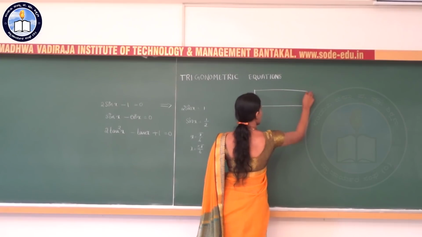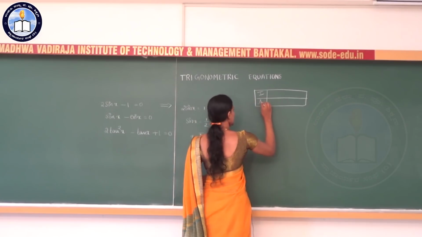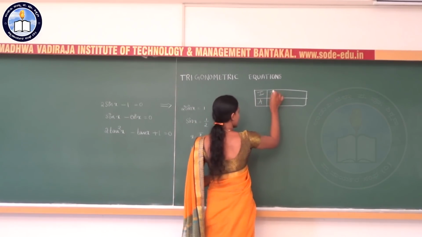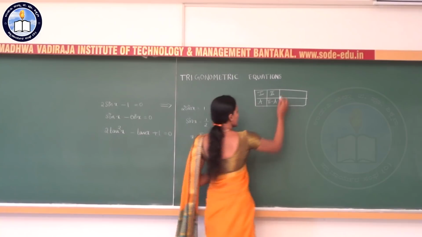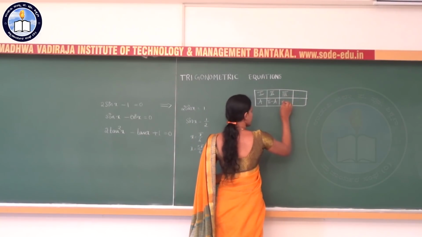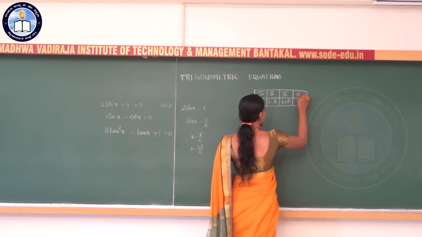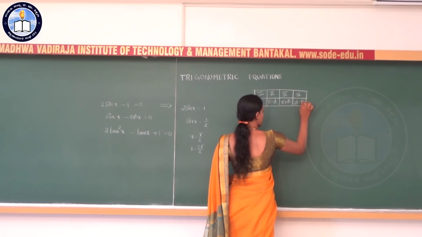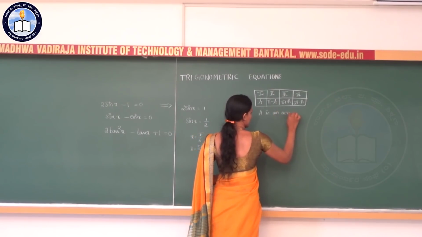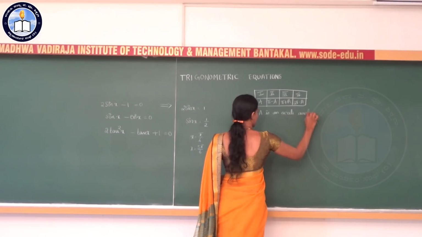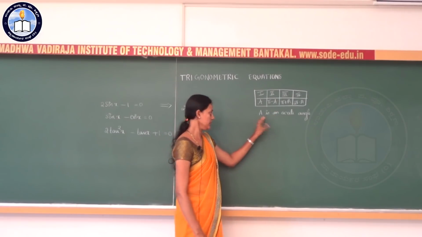If the angle lies in the first quadrant, let us take it as angle A. If the angle lies in the second quadrant, we will take it as pi minus A. If it lies in the third quadrant, we will take it as pi plus A. And if it is in the fourth quadrant, we will take it as 2 pi minus A, where this A is an acute angle. Let me explain it with an example.